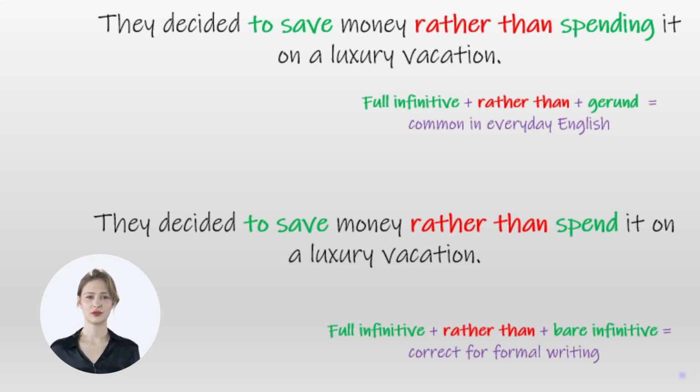They decided to save money rather than spend it on a luxury vacation. This sentence uses parallel structure with both "save" and "spend" in the infinitive form. This is typically preferred in formal writing and is considered stylistically more consistent.